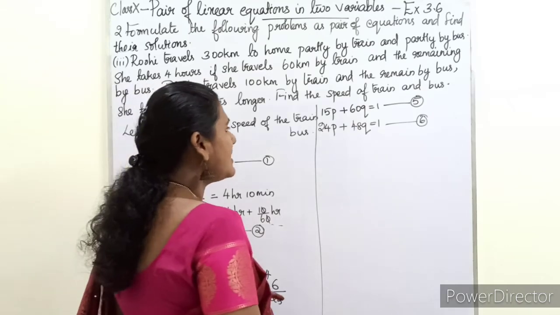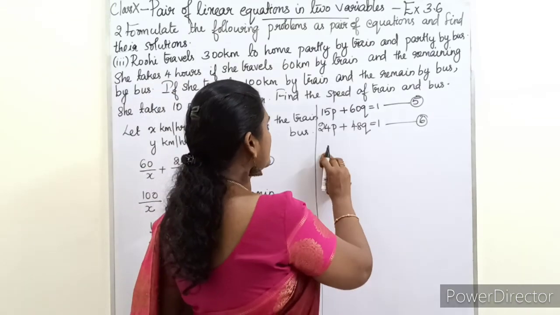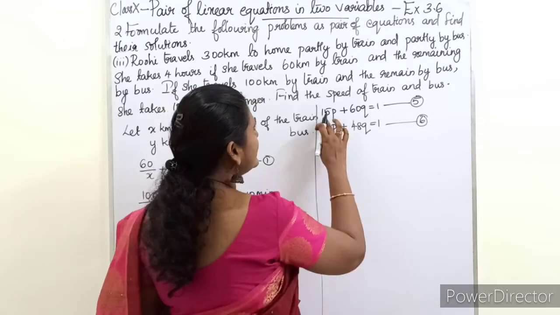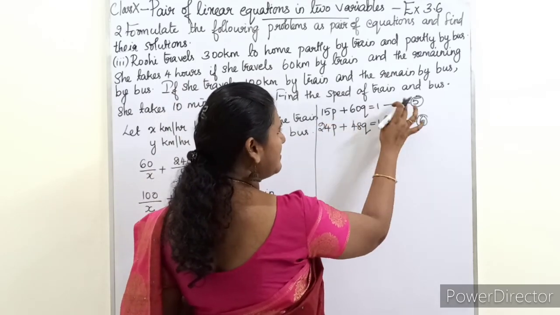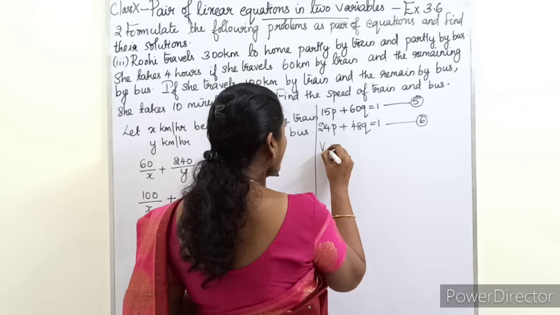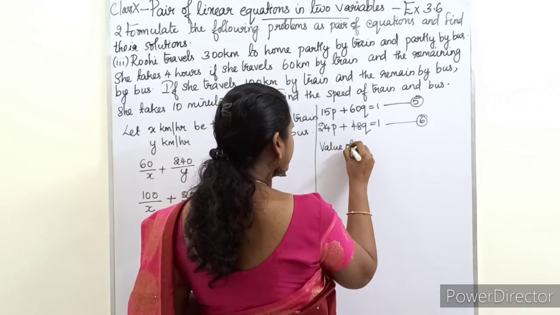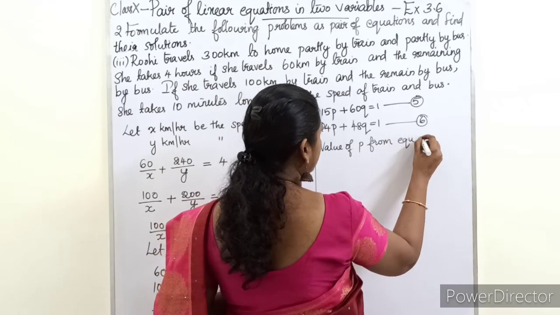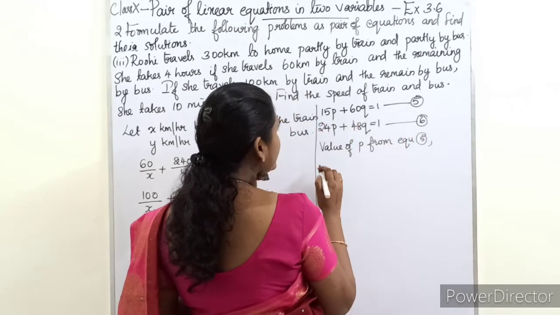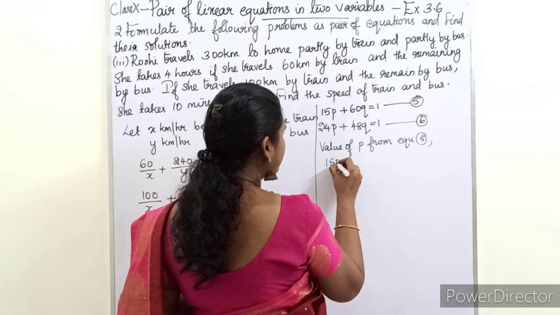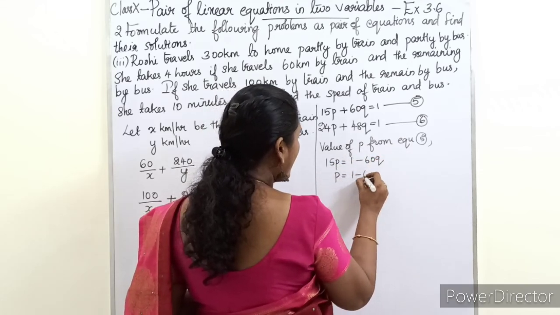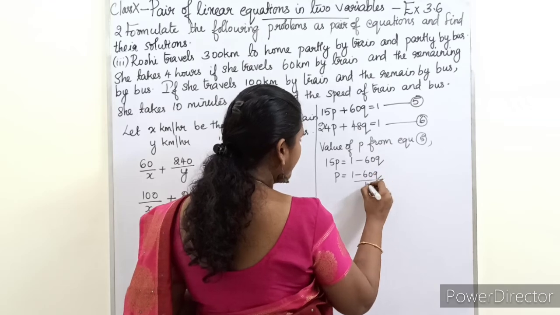Now we will simplify this by the substitution method. We will take the value of p from equation 5. So 15p is equal to 1 minus 60q, so p is equal to 1 minus 60q by 15.